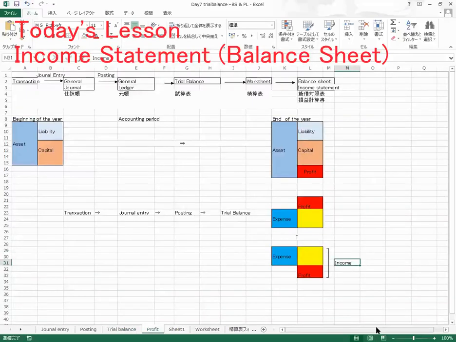So, you see, watercolor is expense, yellow color is income, so the red is profit. This is the same position as the profit and loss statement. Then we rotate it upside down.